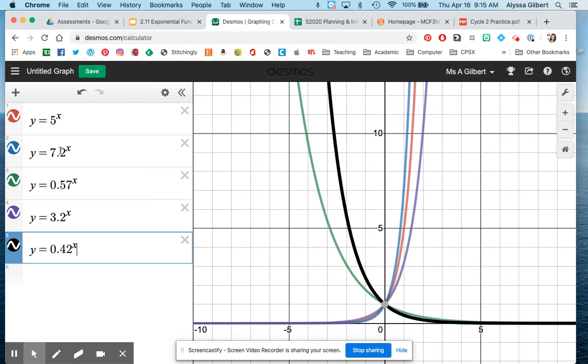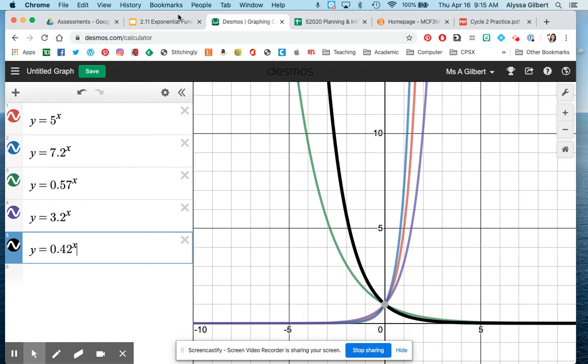So the bigger the number, the steeper it is. And if you look at the other two, the ones that are decay, those are numbers between 0 and 1. So they're decimal numbers or they're fractions. And notice, in this case, the smaller number has a faster decrease, or a steeper graph. So if we're looking at decay, the smaller the number, the faster it's going to decrease.